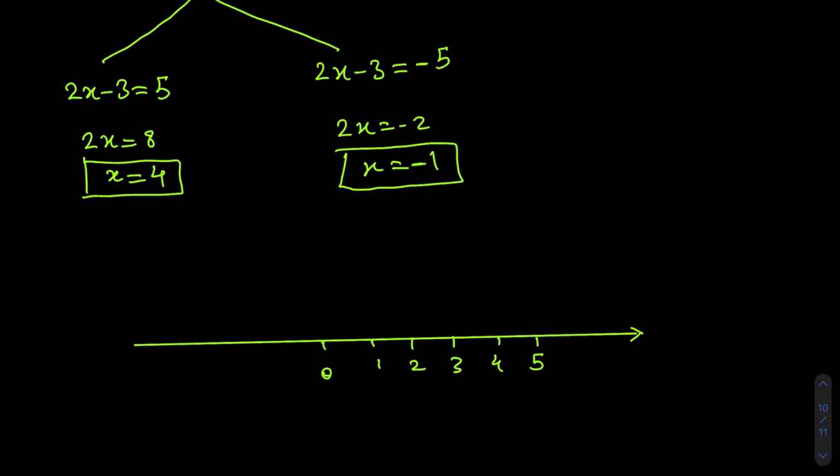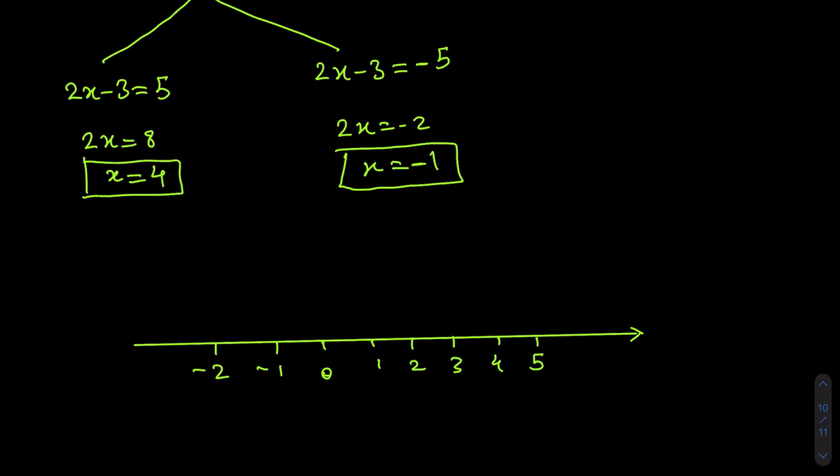Let's go 1 unit more than the upper span of your critical values, and 1 less than the smallest critical value. Here is -1, and let's go a little bit further, -2.